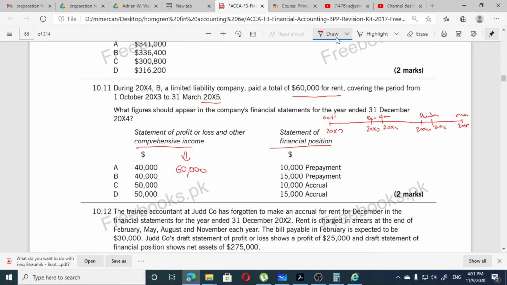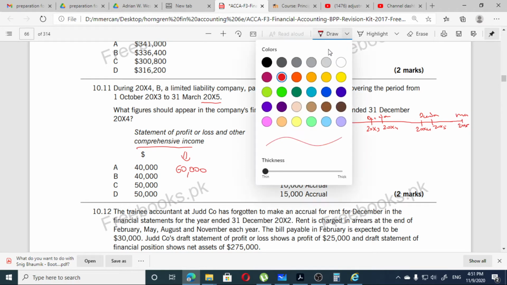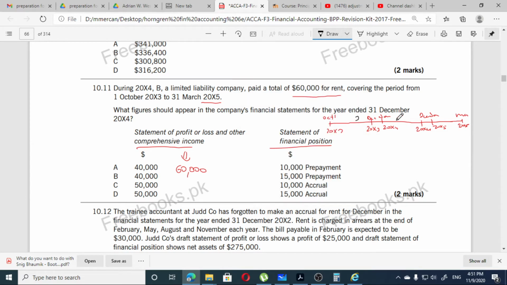If you put the number of months here, we have 3 months, here 12, and here 3 more. It means this is $60,000 actually paid for 18 months.